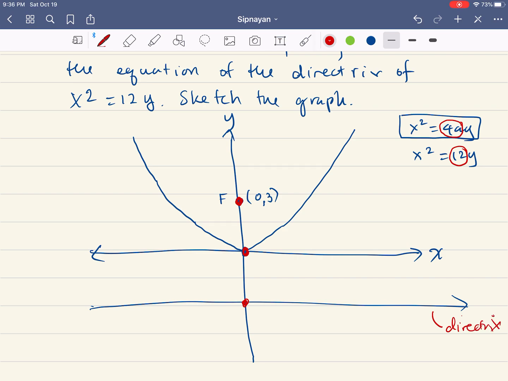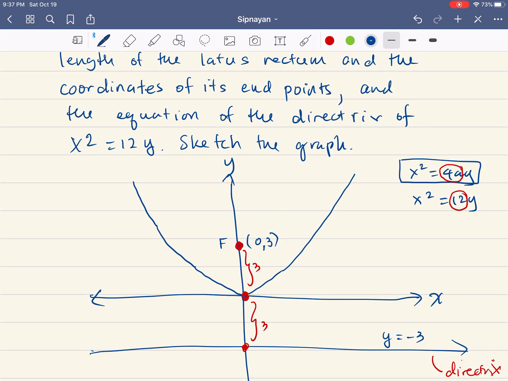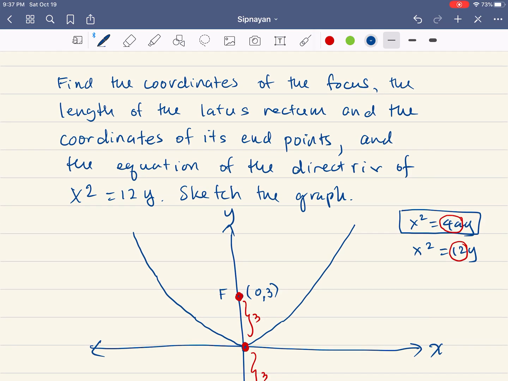Same distance dapat itong point na to from F and from the directrix, which means na kung 3 ito, this is 3 units, kasi 3 yung y niya. So meaning the equation of the directrix is y equals negative 3. Okay, nakuha na natin yung focus. Nakuha na rin natin yung equation ng directrix.